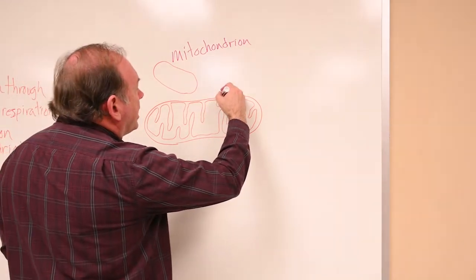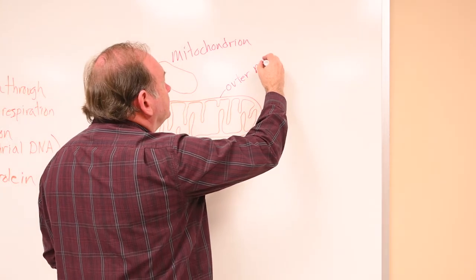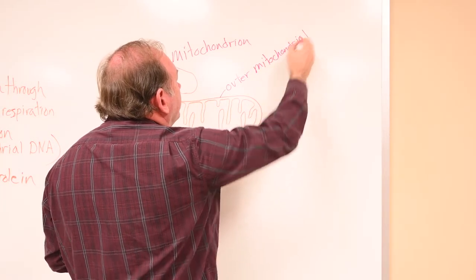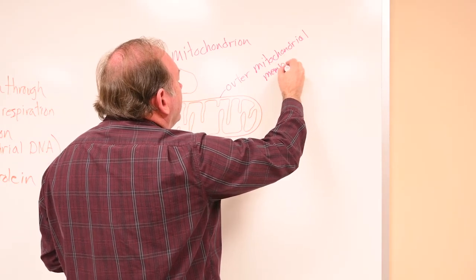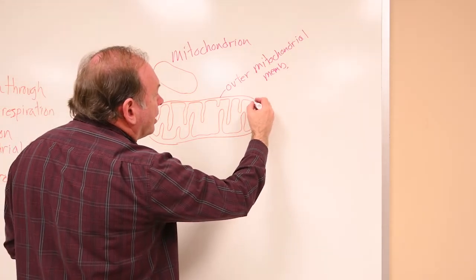There's an outer membrane. We just call it the outer mitochondrial membrane. Then there's a little bit of a space, and then there's an inner mitochondrial membrane.